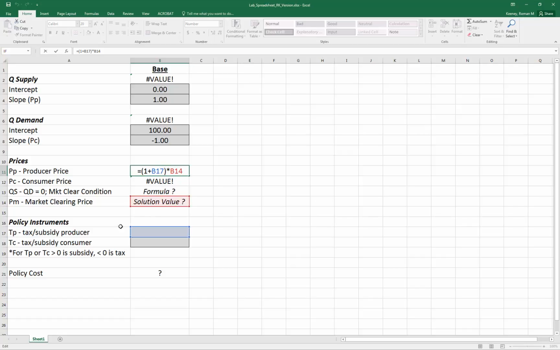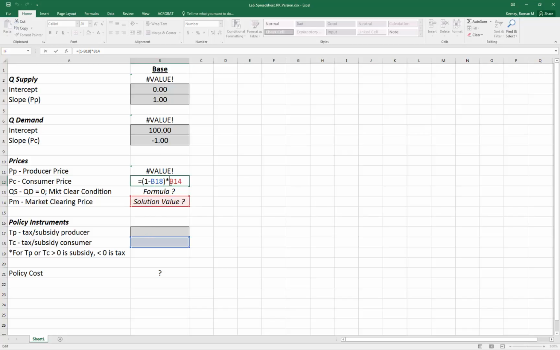And if you look down here, you'll see B17 is our instrument. It's our tax or subsidy policy instrument for producers. Okay, now once you look at that, you should have an idea of what the consumer price instrument is going to look like, and that one also depends on B14. So once we know the market price, these two things will be known.